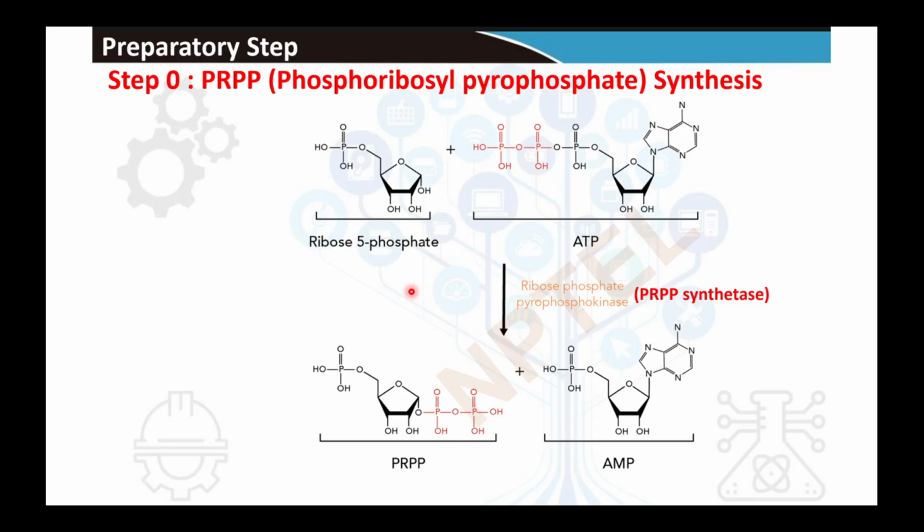So, ribose 5-phosphate and ATP together with the enzyme ribose phosphate pyrophosphokinase, also known as PRPP synthetase. And why synthetase? Because ATP hydrolysis is required. So ATP is basically the phosphate group donor here.